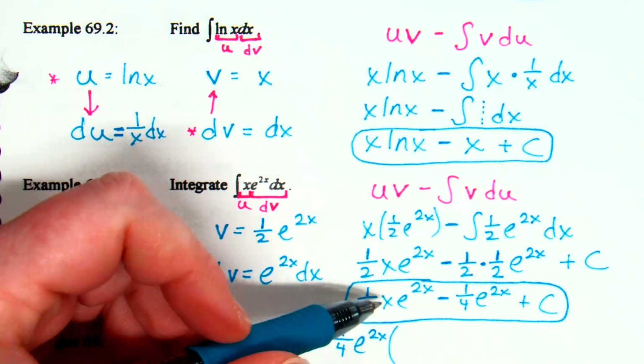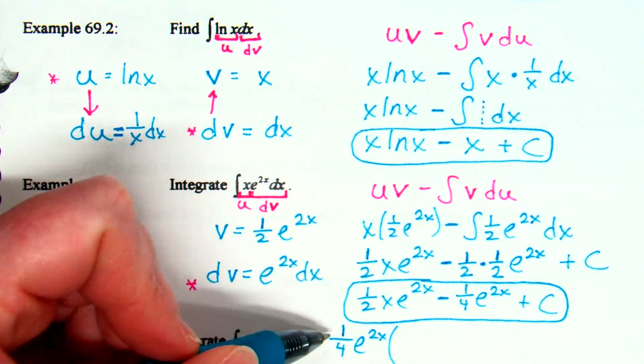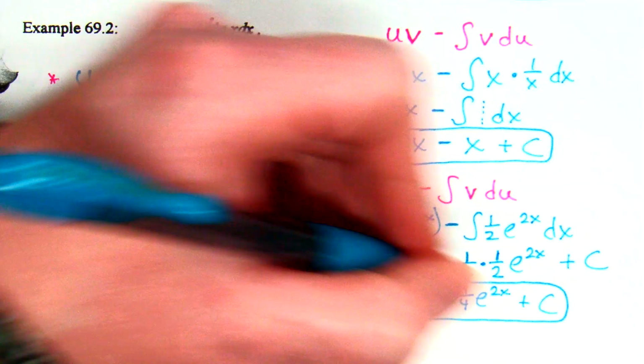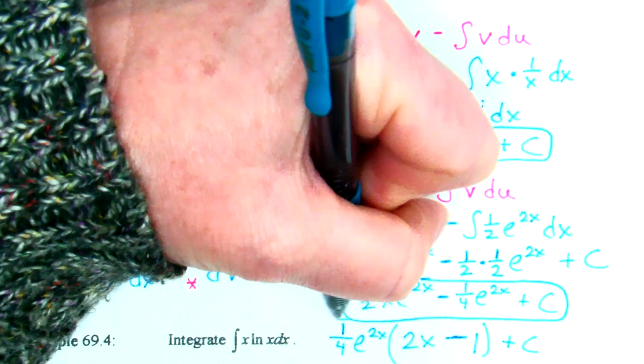You're still going to have the x on the first one. 1/2 divided by 1/4 becomes 1/2 times 4/1, which is 2. So you have 2x minus, the next one you pulled out the whole thing, so it's minus 1. So that's another acceptable way to write the answer.